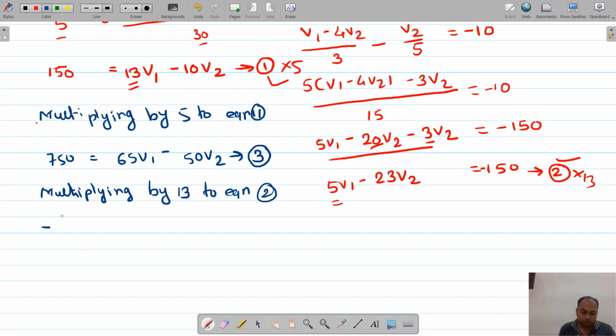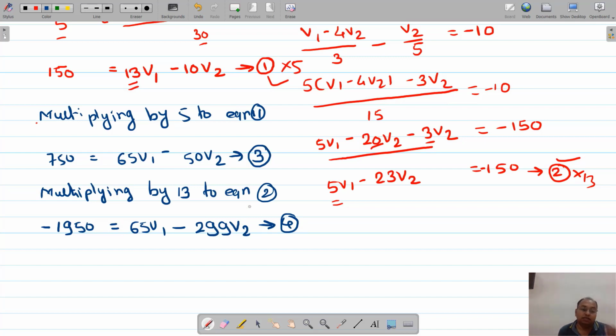Minus 150 into 13, it is coming as 1950. 1950 is equal to, so 13 fives are 65 itself. So 65 v1 minus 23 into 13, it is coming as 299, yes, it is 299 v2. Let us mark this as equation number 4.